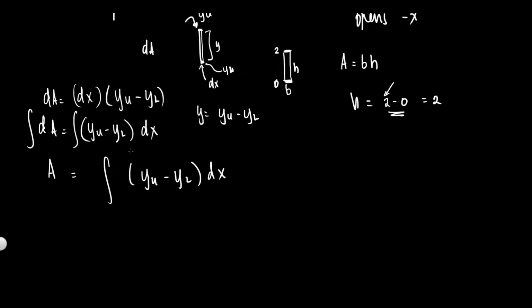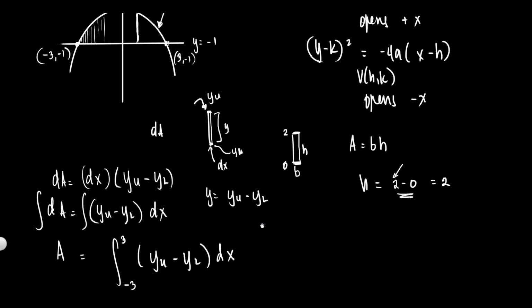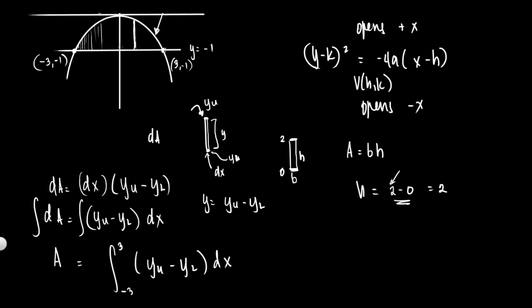From minus 3 to positive 3. Yan. Pwede rin naman siya as dito muna sa kalahati. Symmetrical naman yan. Pwede mo siya gawin as from 0 to 3 yung limit. Pero yung area mo, ito lang yung nakuha mong area. You need to multiply it by 2. Or parang ganito.